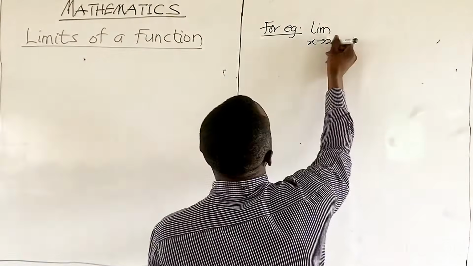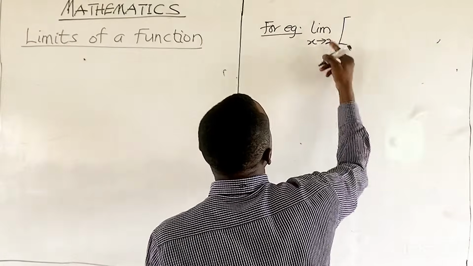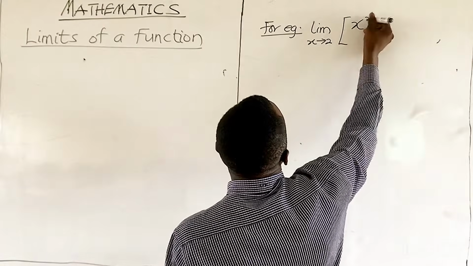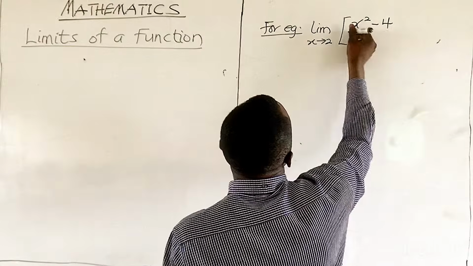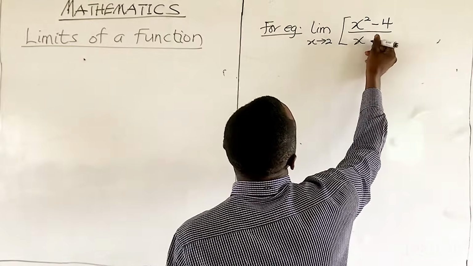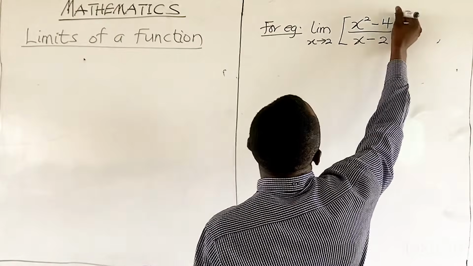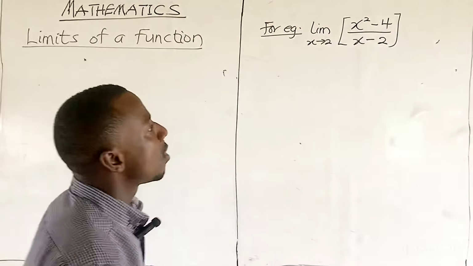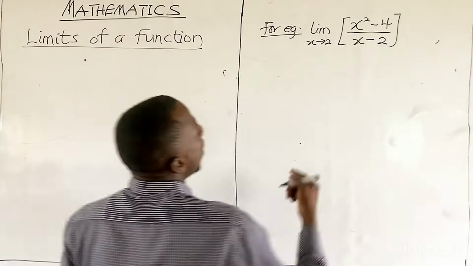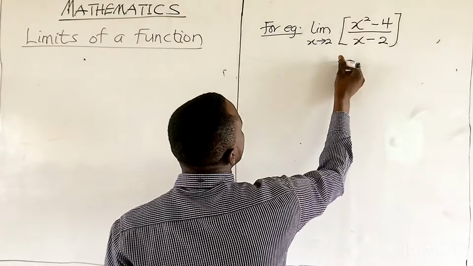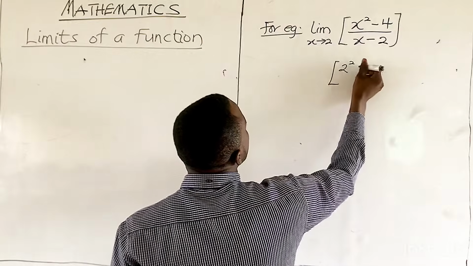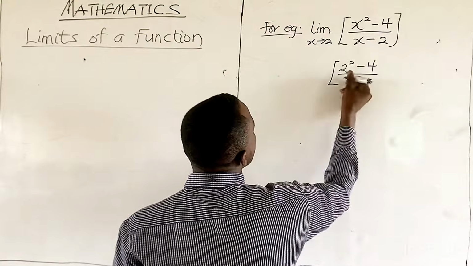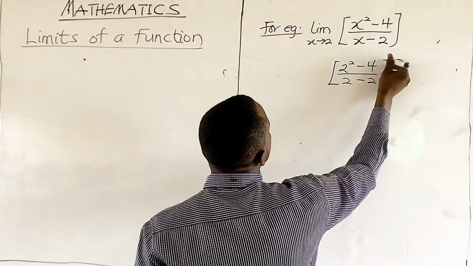We have the limit as x approaches 2 of (x squared minus 4) over (x minus 2). When we substitute 2 here, we are going to have 2 squared minus 4 over 2 minus 2.